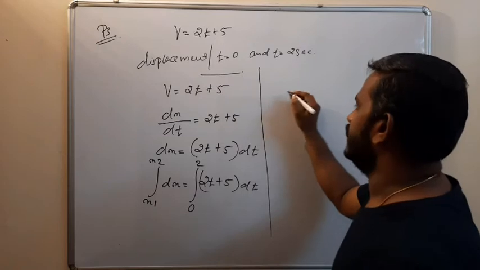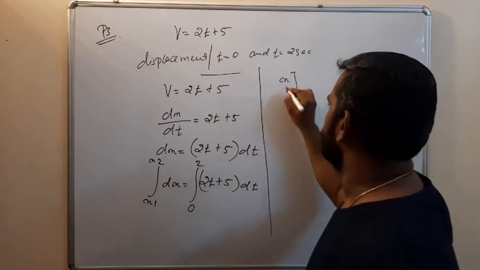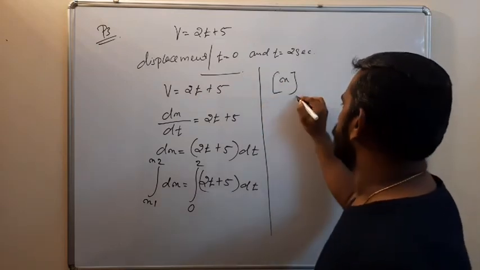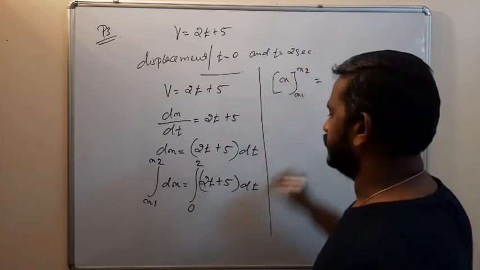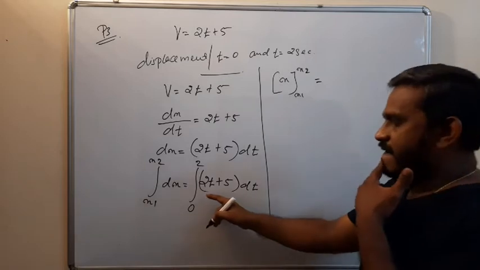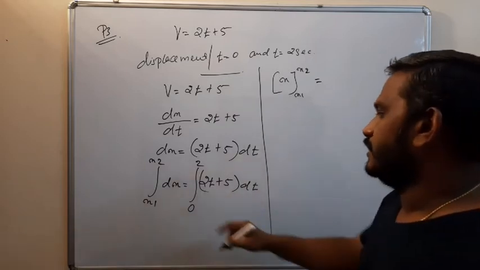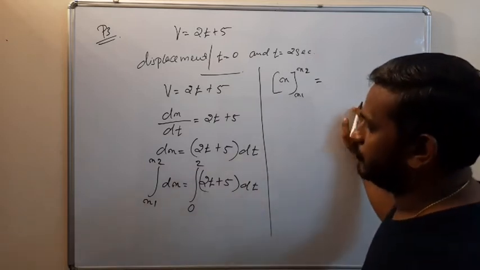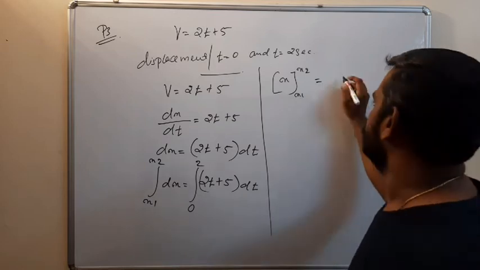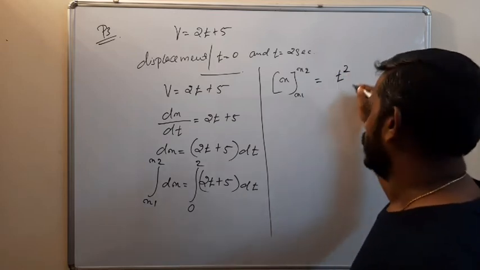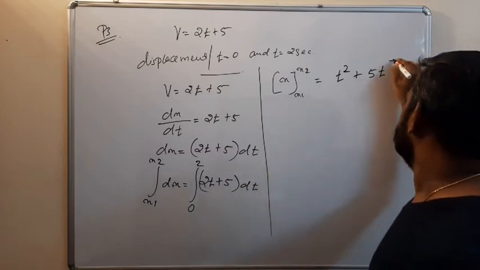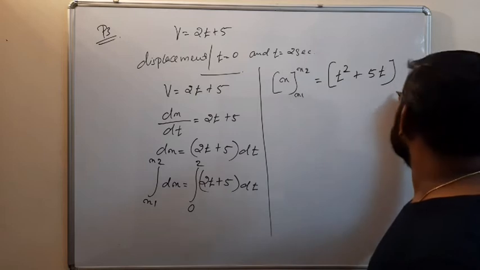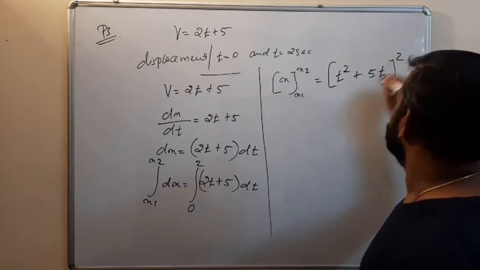So integration of dx is x, from x1 to x2, that's equal to integration of 2t, that is 2t square by 2, that is t square, plus 5 dt, that is 5t. So the limit is 0 to 2.